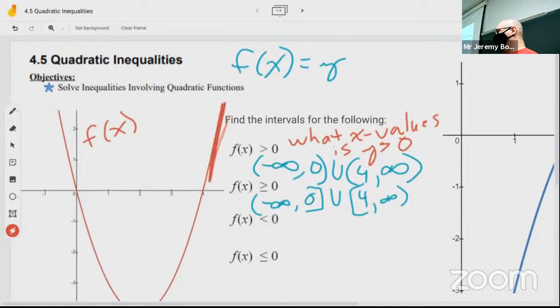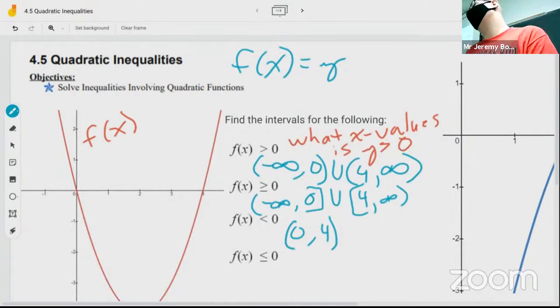It's above it here from 4 to infinity. But between 0 and 4, the curve goes below. And so it's going to be from 0 to 4. Since it's not equal, we're going to put parentheses. So from 0 to 4 is below the x-axis, it's less than 0. Any questions on that?